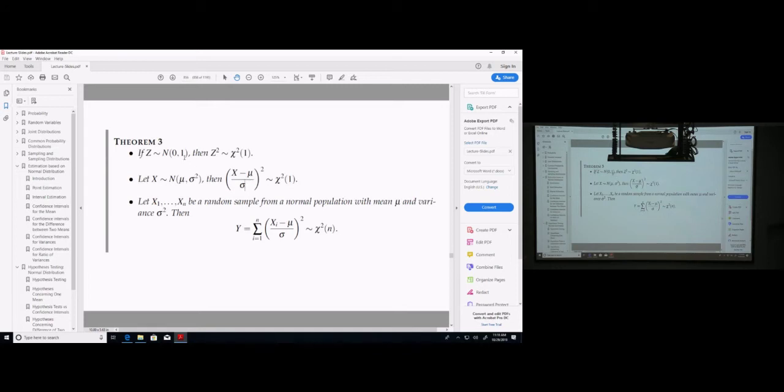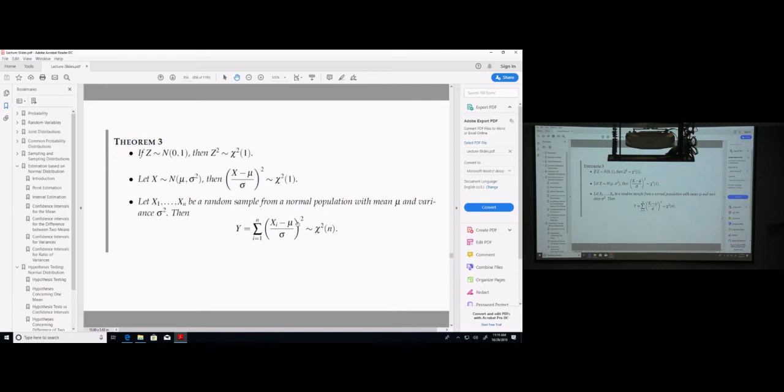Then we are just using the previous statement. The square of this is still a chi-square. So this statement is actually coming from the earlier statement here. And then the third statement is also coming from the result of the second statement as well as the previous slide. Okay, let me explain. Xi minus mu over sigma will be a standard normal. All right.